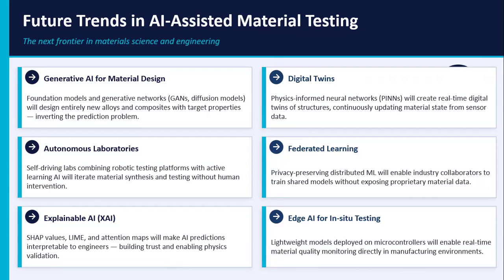Autonomous laboratories will combine robotics and AI for self-directed experimentation. Federated learning will enable collaborative model development while preserving data privacy. Explainable AI techniques will improve transparency and trust in predictions. Edge AI systems will bring intelligent quality monitoring directly to manufacturing environments. So these are some of the upcoming developments going to come in the future years.